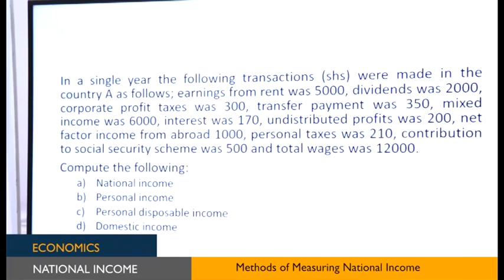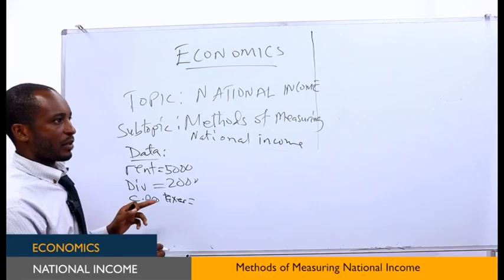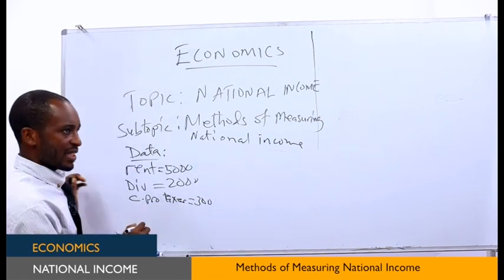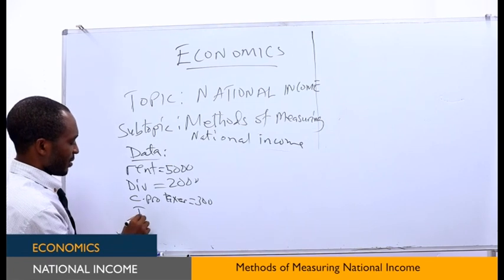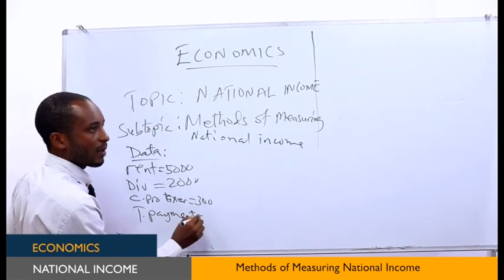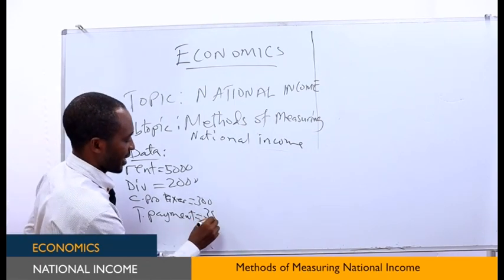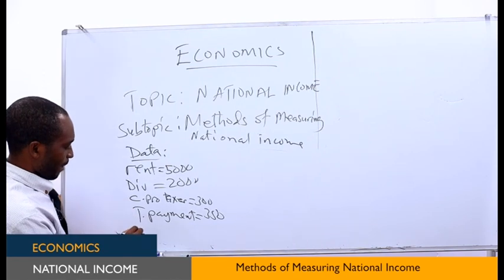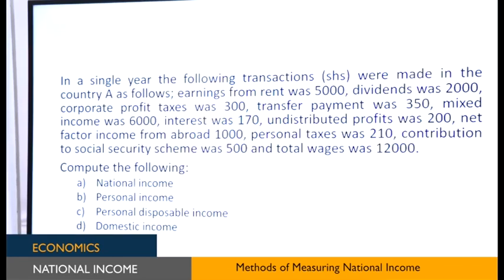Corporate profit taxes equals 300. Transfer payment equals 350. Mixed income is equal to 6,000.